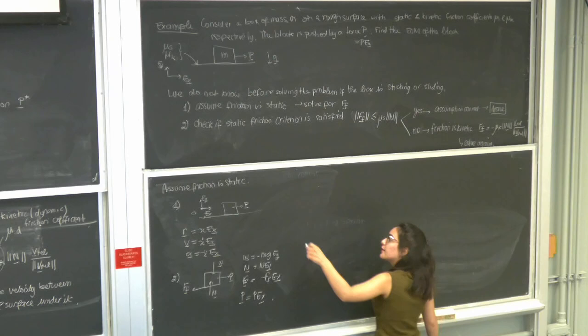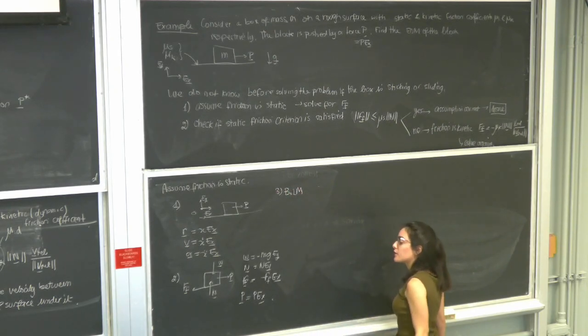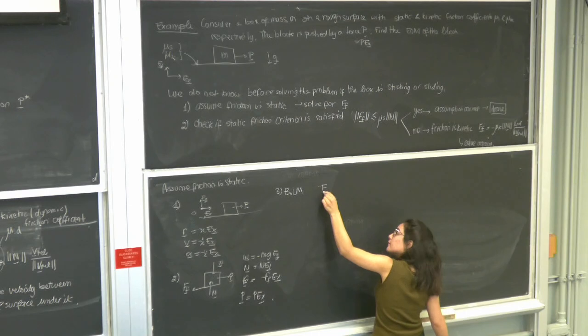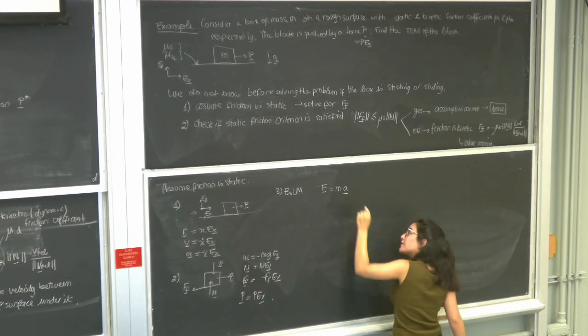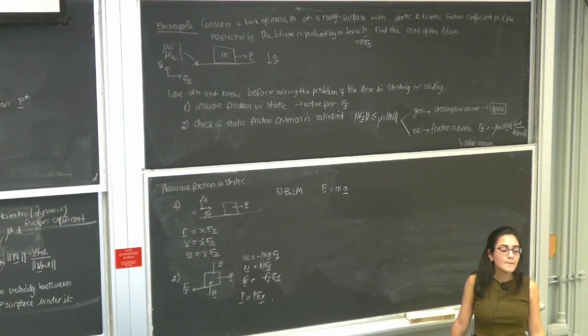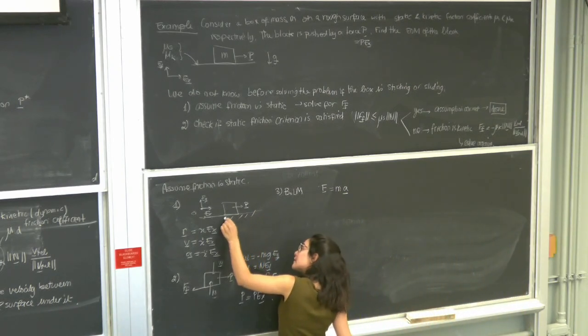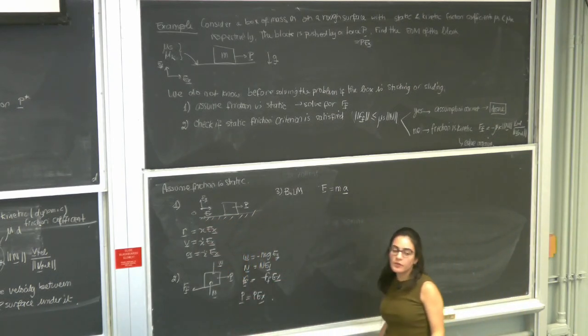Okay, step 3, I'm going to write my balance law. F equals ma. But what is A in this case? 0, why? Yes, because I've assumed that friction is static and my surface is not moving, it's a fixed surface. So the acceleration of the block is just 0.